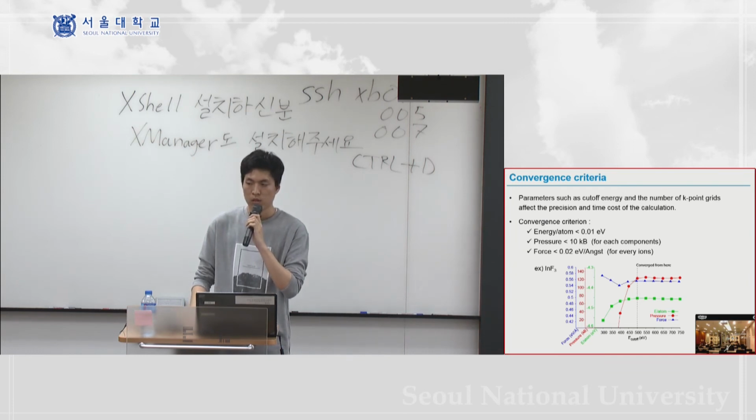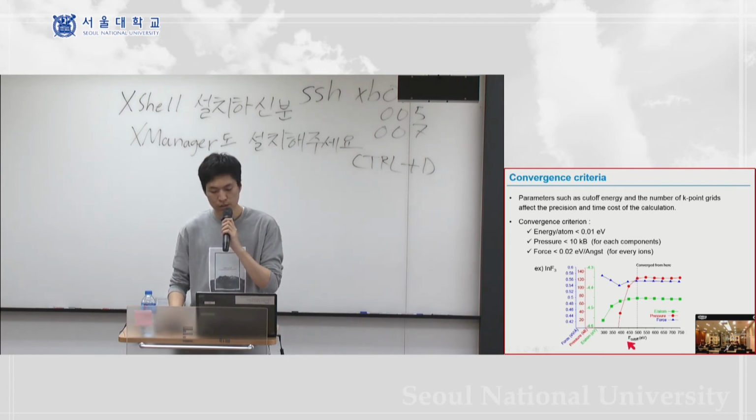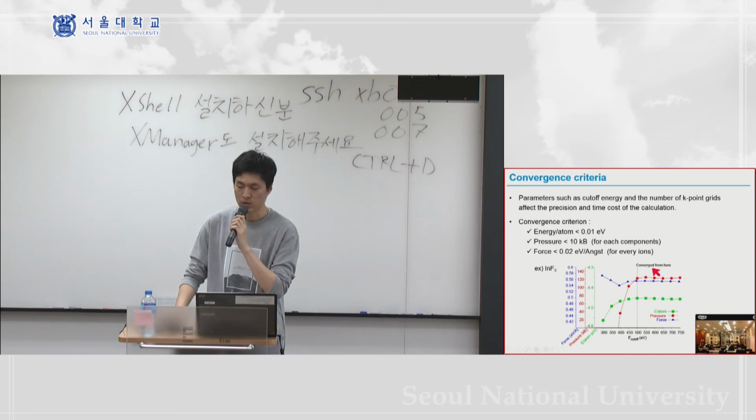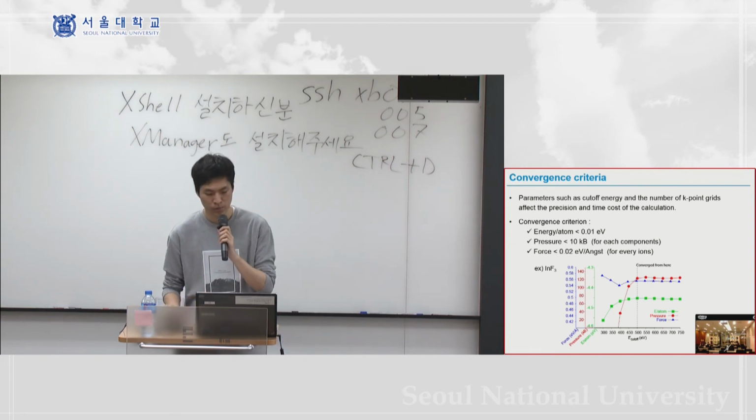When the cutoff energy is high, the energy is more accurate, but we need much more time to compute. And same for k-points. So we need to find some point where the calculation has reasonable time cost and is also accurate enough for our purpose.